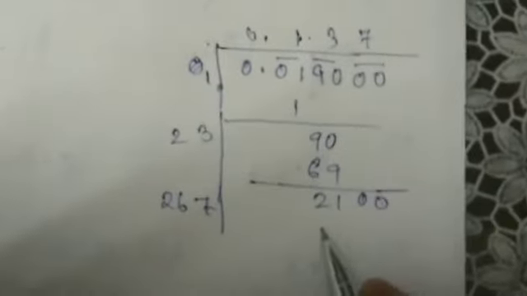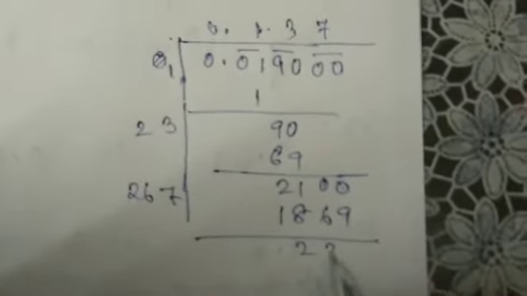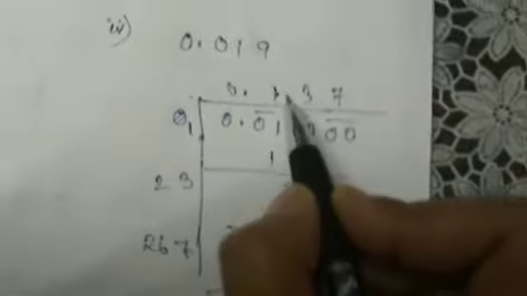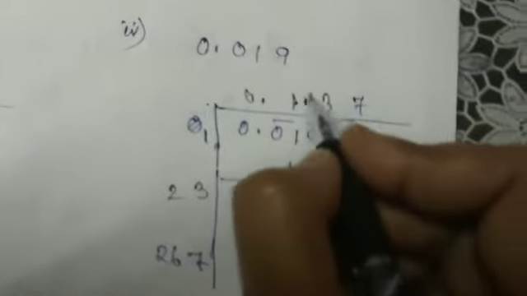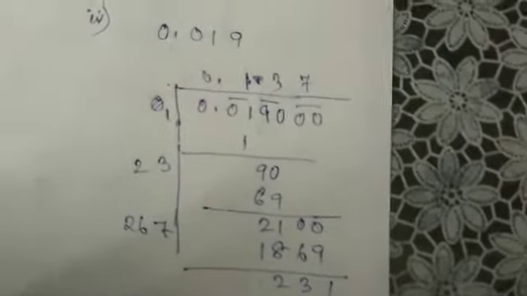Then here it's required 7, 1 8 6 9 2 31. Now no more, because we have already taken out 137.